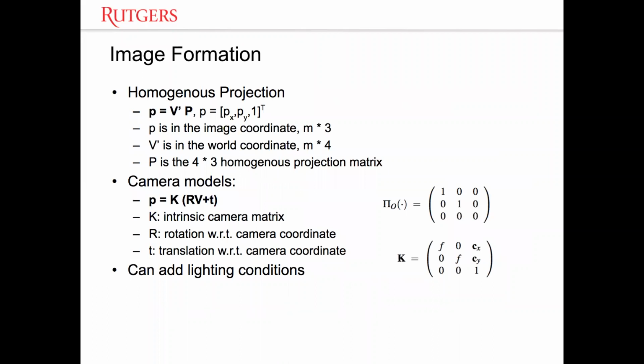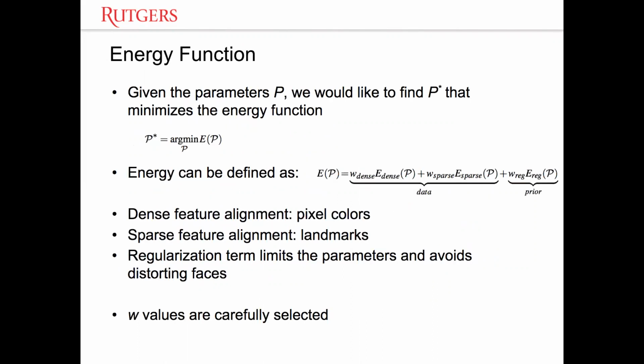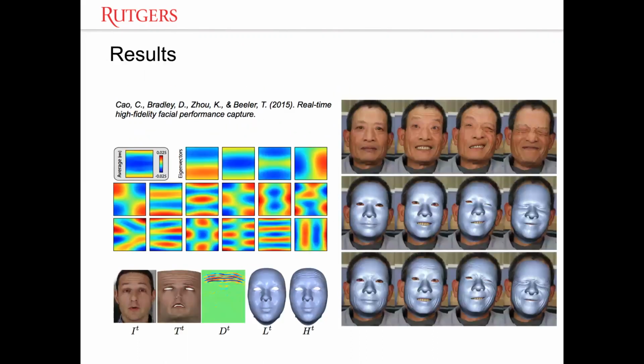Okay, the image formulation, I'm going to skip this. Okay, so let's look at some results from previous study. Given an image here in the upper row, we can first reconstruct the faces using a morphable model.